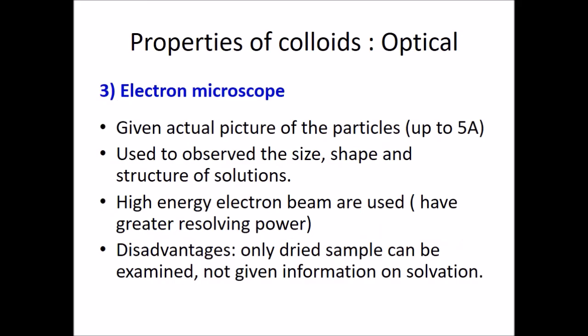Besides, colloidal particles can also be visible under the electron microscope, which gives an actual picture of the particles down to 5 angstroms and is used to observe the size, shape, and structure of the particles. High energy electron beams are used for greater resolving power. However, the only disadvantage of the electron microscope is that only dry samples can be examined, and it cannot give any information on solvation.